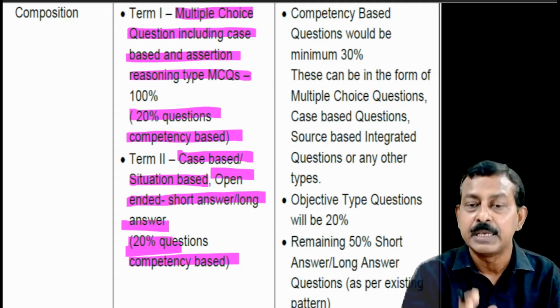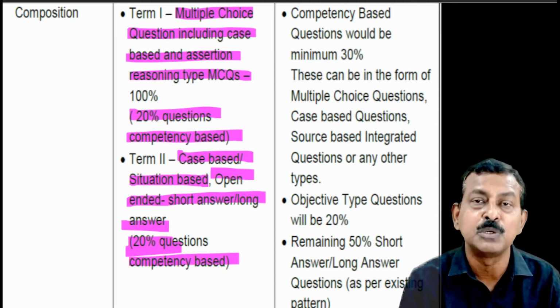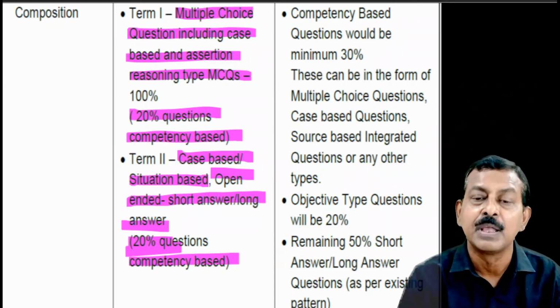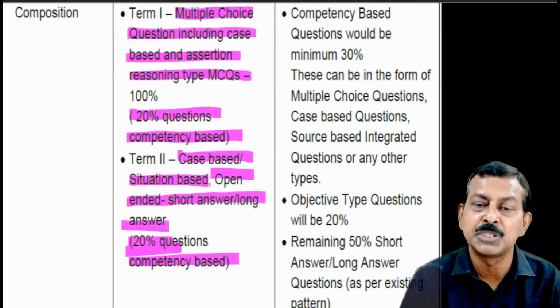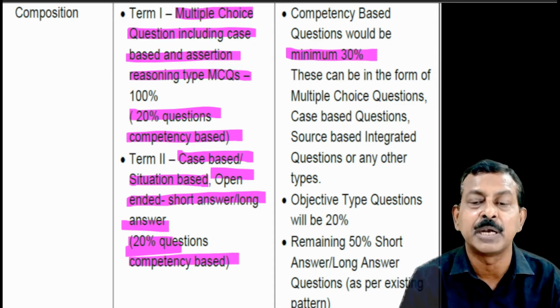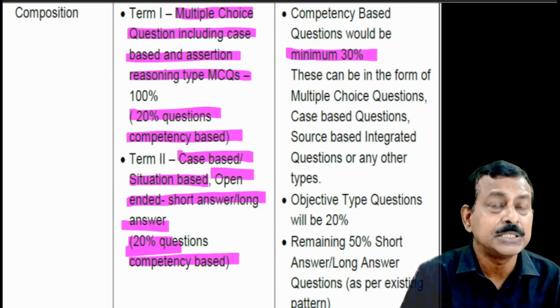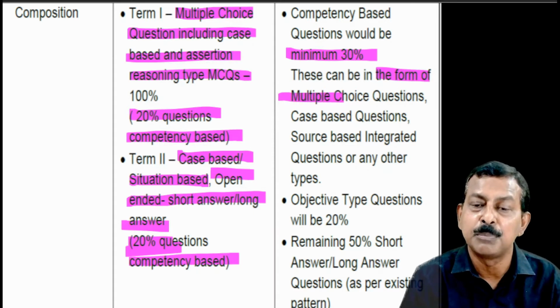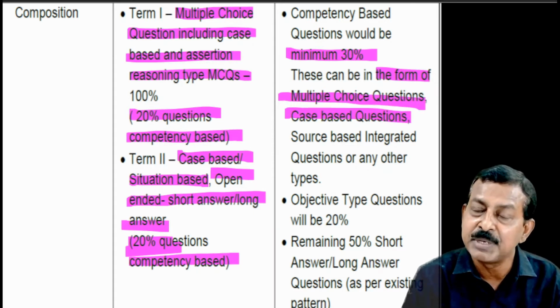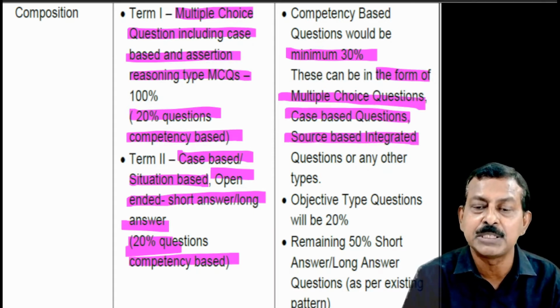But now for the batch 2022-23, these competency-based questions would be minimum 30%. And these can be in the form of multiple choice questions, case-based questions, source-based integrated questions, or any other type.